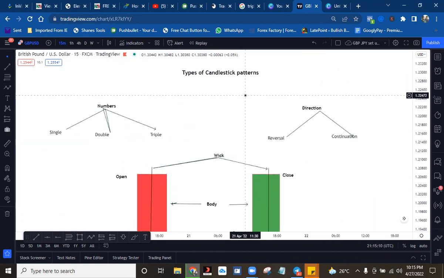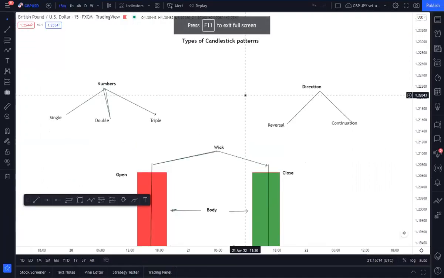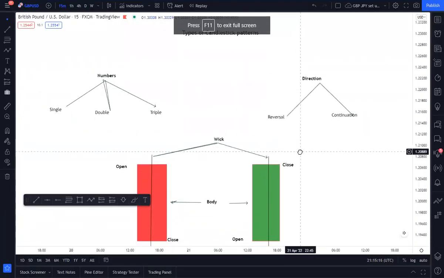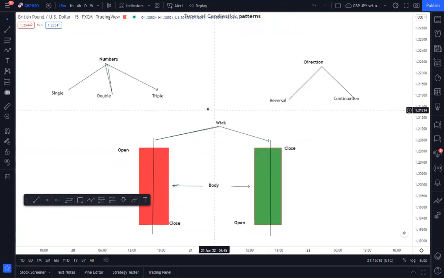Now we have types of candlestick patterns. Under types of candlestick patterns, we have three different categories of candlestick patterns.